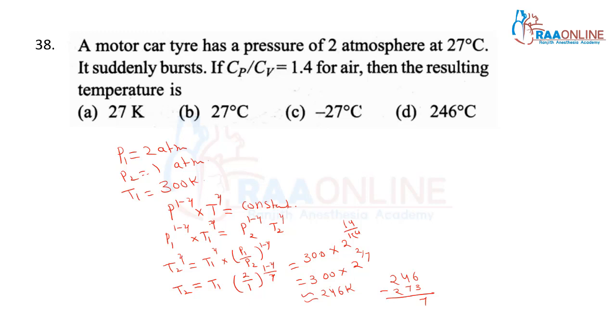Nearly you will get this number by calculator. It is coming nearly 256. When we subtract 273 from this, not 256, it is 2 raised to the power 2 by 7, 1.21.